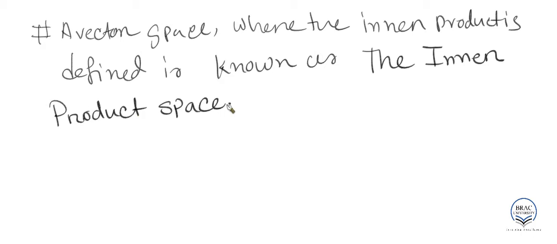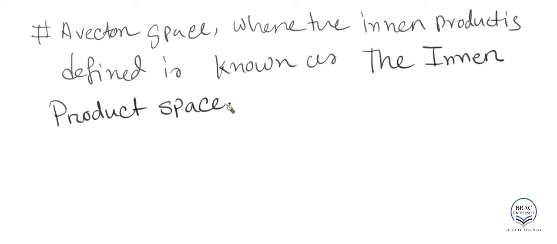So this is how we can define an inner product, but to define an inner product we have to define this dual space first, and then if we can take a vector space and define inner product for it, then we have an inner product space.